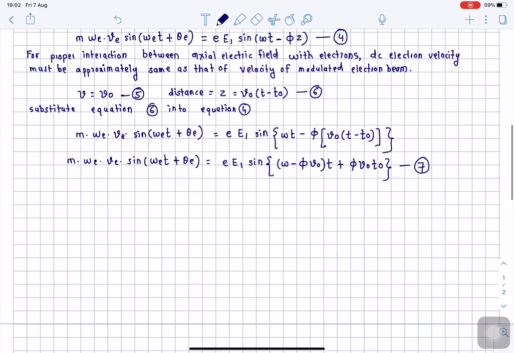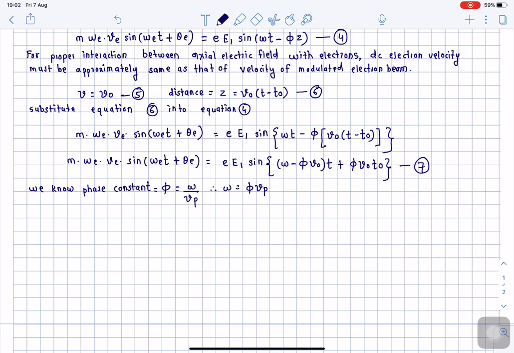Okay, so we know that the phase constant, now here the phase constant is phi. This phase constant is the phase of the axial electric field. So this phase constant phi is given by omega divided by phase velocity Vp. Therefore, omega can be written as phi multiplied by Vp.